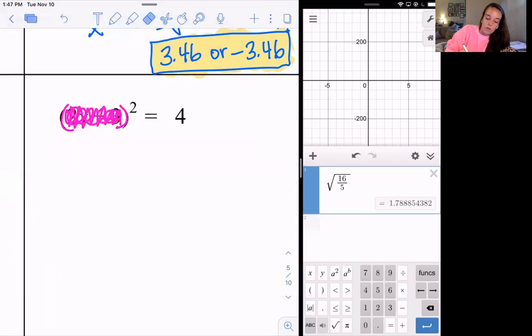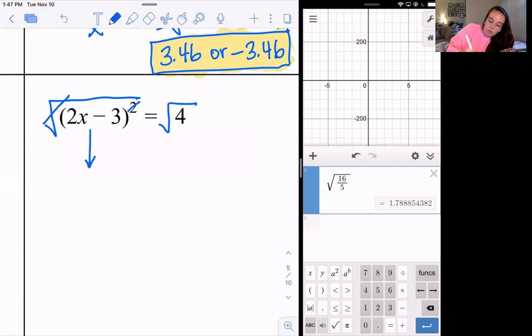So I'm going to go ahead and take the square root of both sides. A square root and a square will cancel and drop out: 2x minus 3 equals the square root of 4. What's the square root of 4?